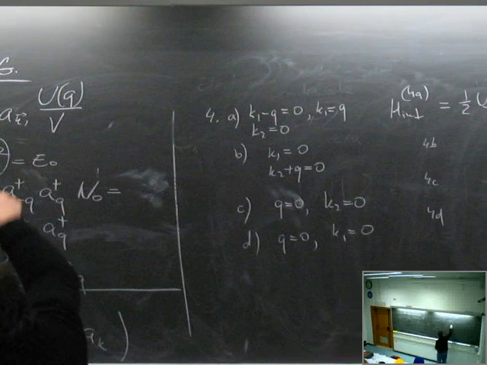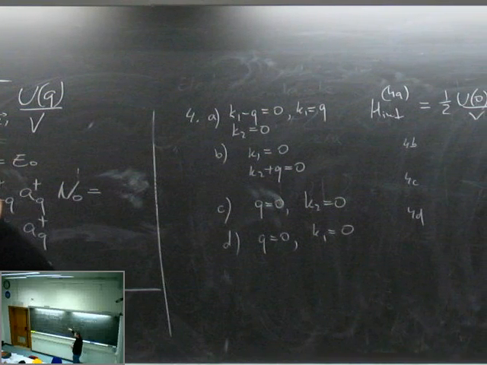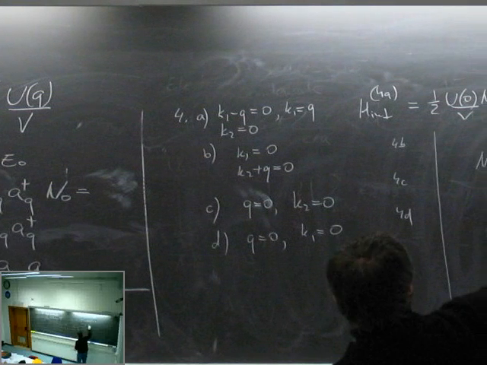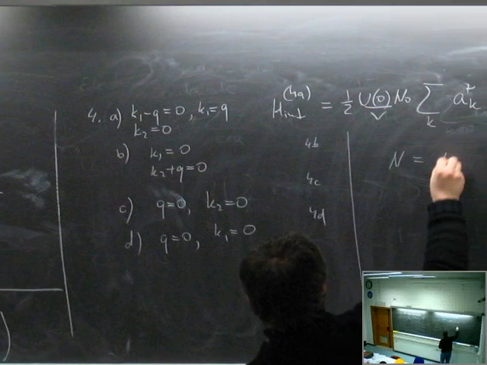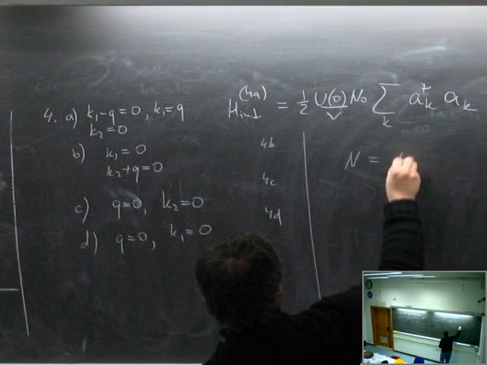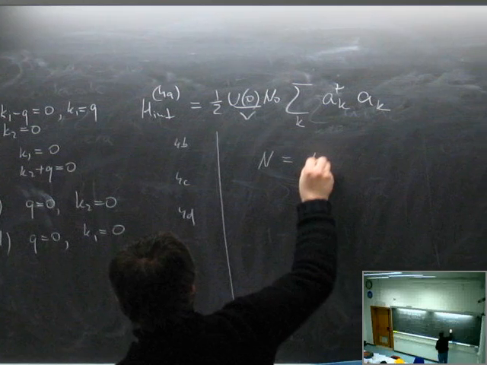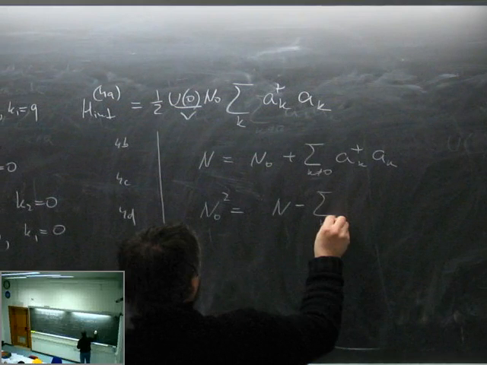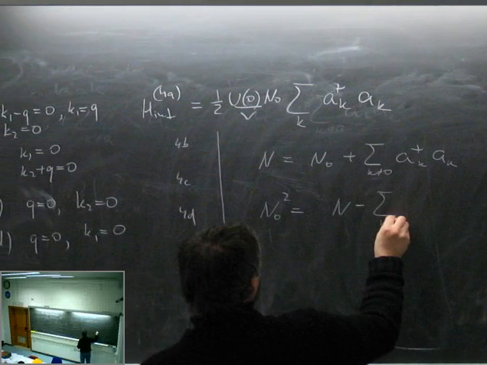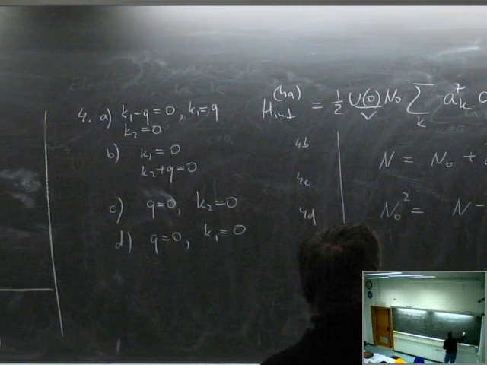Therefore, I need to replace n₀ by n. But when I do it, I need to be careful. Namely, I wrote that n is equal to n₀ plus the sum over k not equal to 0 of a†_k a_k. Therefore, n₀ squared is equal to n minus the sum over k not equal to 0 of a†_k a_k, squared.